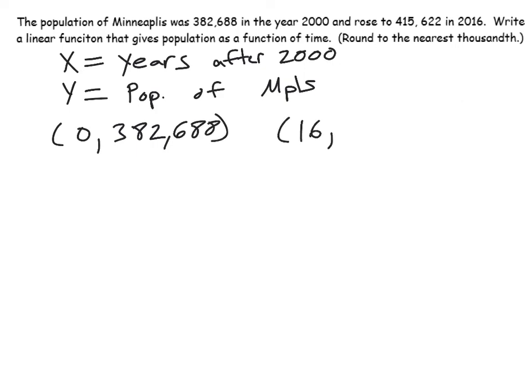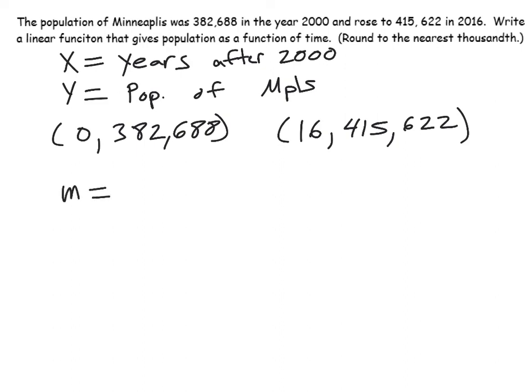And then when X is 16, 415,622. Okay? That's going to be a really common theme, that to write this equation, I need two ordered pairs, right? I got to have that.